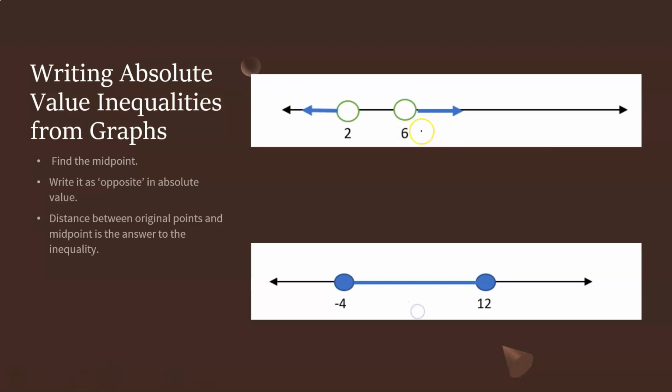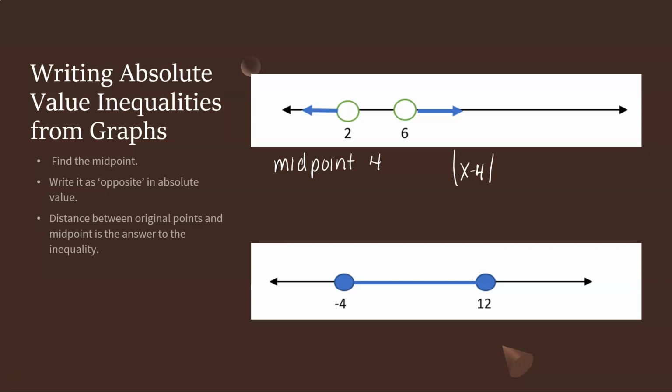So the midpoint between 2 and 6, that's halfway between, let me get white ink. That's 4, right? So the opposite of 4 is negative 4, so that goes in your absolute value bars. So this is an OR, and the ends are open.